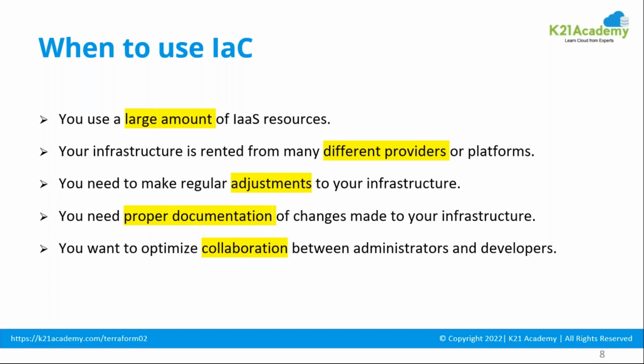Okay, as I said, you need to regularly make modifications to your infrastructure. Most important, document all the changes that you are making to your infrastructure. So these are a few of the reasons that will help you understand that this is where I should start using infrastructure as code. Imagine you are doing a lot of changes every week, every weekend your team is coming with a new patch, with a new update.